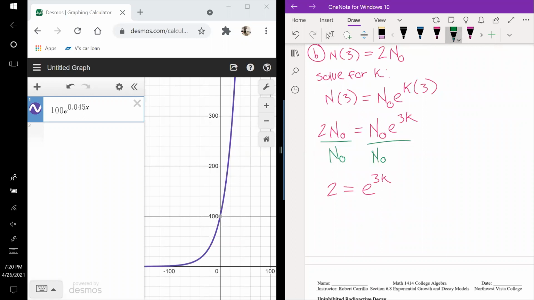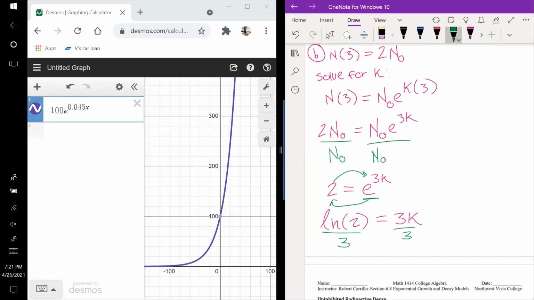And we get that here's the base. So it's E, which means we're going to use the natural log. So we've been doing this enough already. So we're just going to go to the next step and say the natural log of 2 is equal to the exponent of 3K. So natural log of 2 is equal to 3K. Now divide by 3.